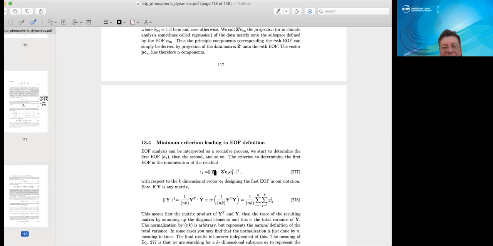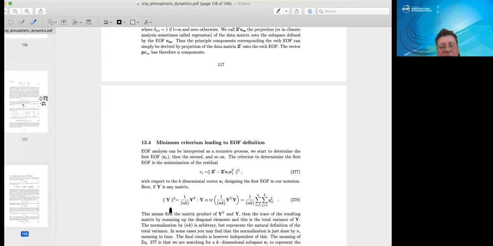And if just one pattern, maybe multiplied by a PC changing from year to year, can explain maybe our whole data set, then this residual would be 0, and we are done. We have minimized this. 0 is a minimum. For practical reasons, that will not be the case, but this is our aim. If we can find one pattern that explains everything, we have solved the problem. So we want to minimize this residual.